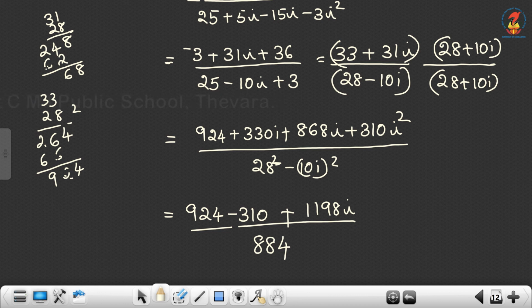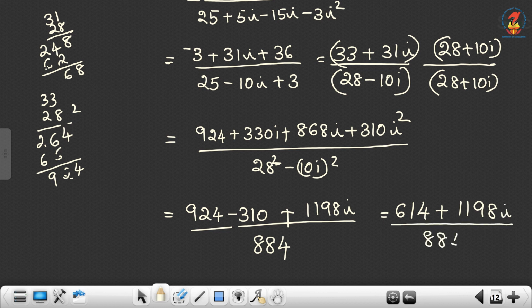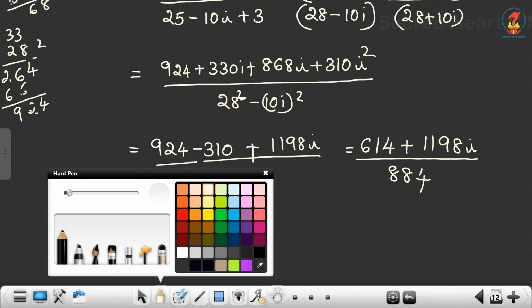Now 924 minus 310 is 614. 614 plus 1198i by 884. So we can take 2 outside. 2 is a common factor.